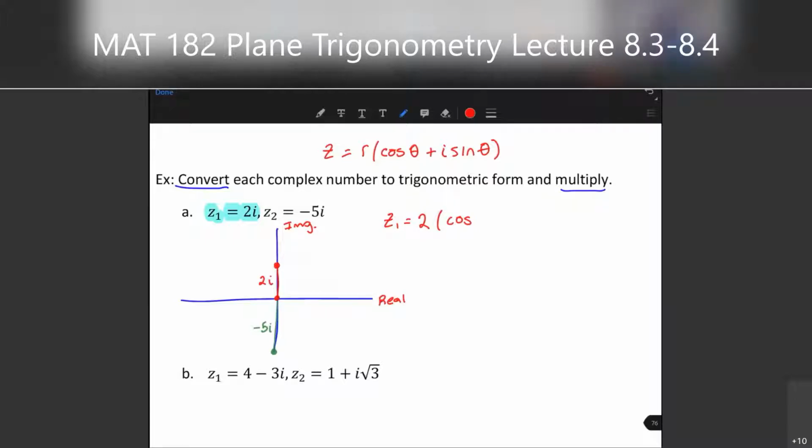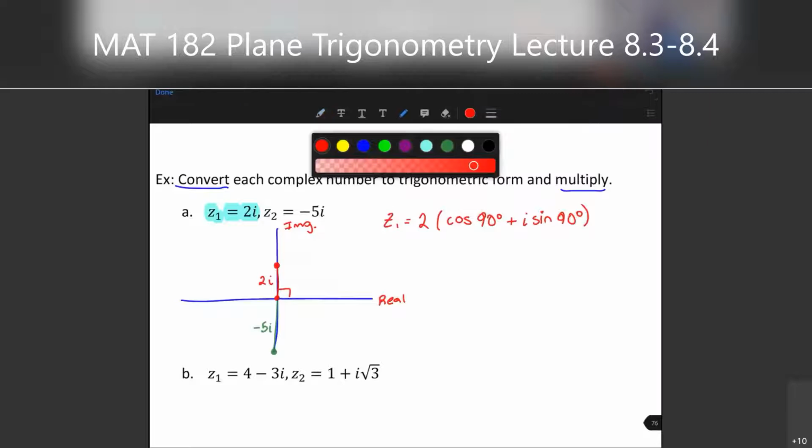Yeah, Sam, you got, yep, 90 degrees, right? So this angle right here, we just made a 90-degree angle with the positive x-axis. So that would be 90 degrees, plus i sine of 90 degrees. Excellent. So there's my first complex number.